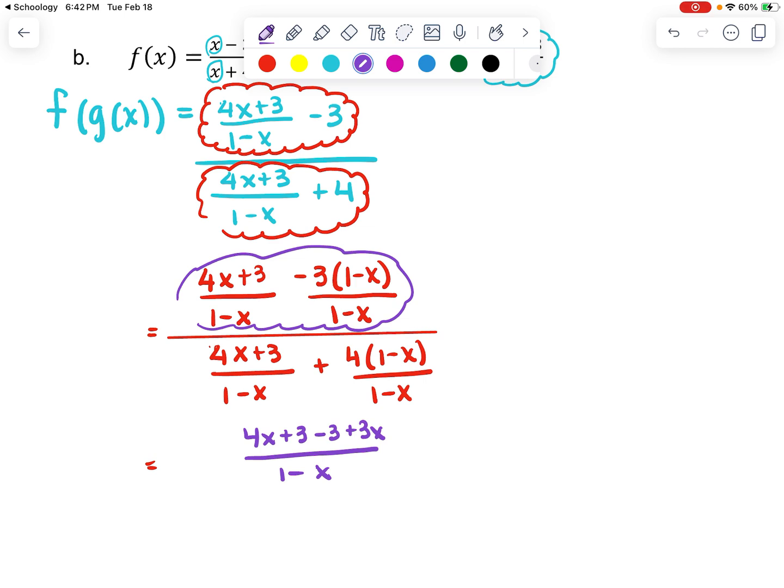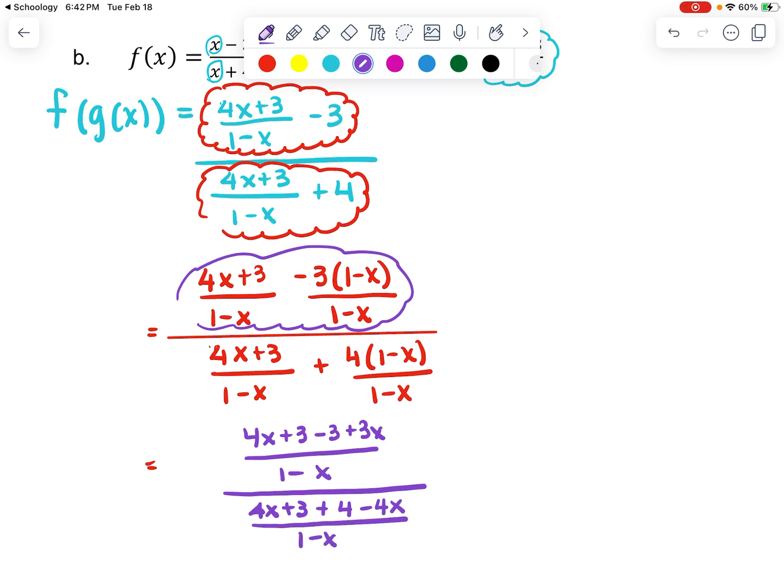And here on the bottom, I'm going to have 4x plus 3 plus 4 minus 4x, all over 1 minus x.